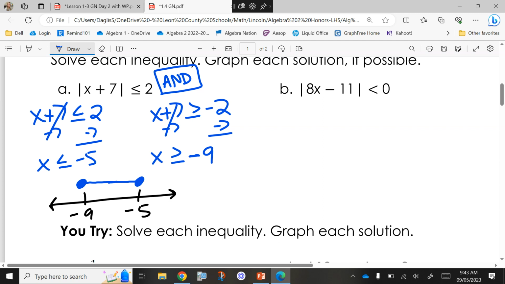Possibly? Vaguely? Okay, so compound inequalities, you typically use the word and or or. Because it meets in the middle, this is an and. X is less than negative 5 and greater than negative 9 because they meet in the middle. Questions? Okay.